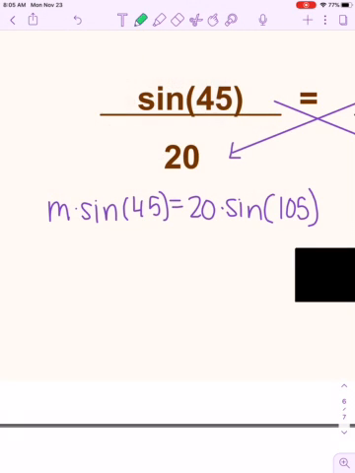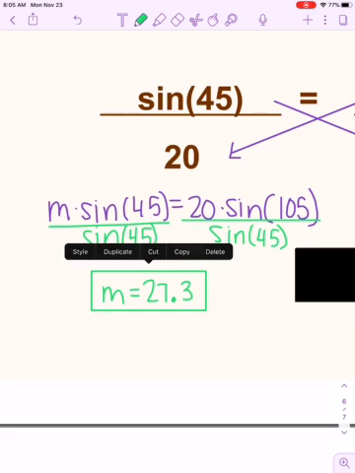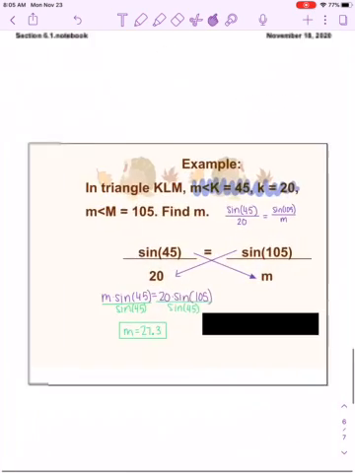What you have to do to get side M by itself is you divide by the sine of 45. So again, you just leave that 20 times the sine of 105 in your calculator, don't round it out, and just then hit divided by the sine of 45. And we're going to get that side M is 27.3. That's to the nearest tenth. And then that's it.